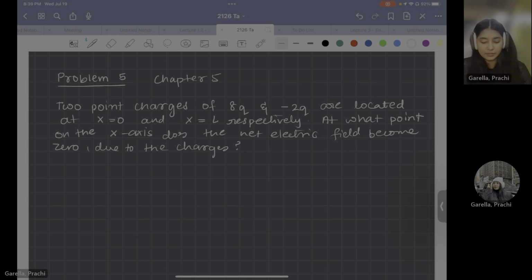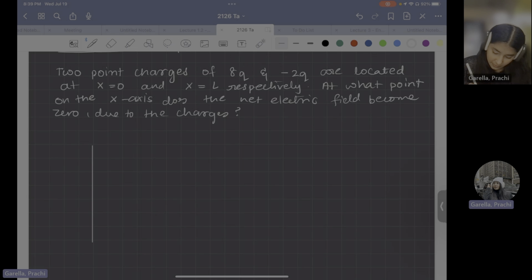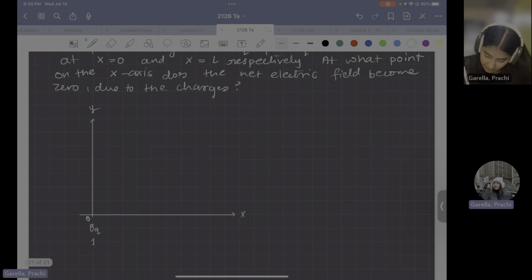Okay, so let's first draw how this setup looks. This is our y-axis, this is our x-axis, and it says that charge 8q is at x equals 0. Let's call it 1. And the second one is at L, so let's call this point L, distance from the origin.